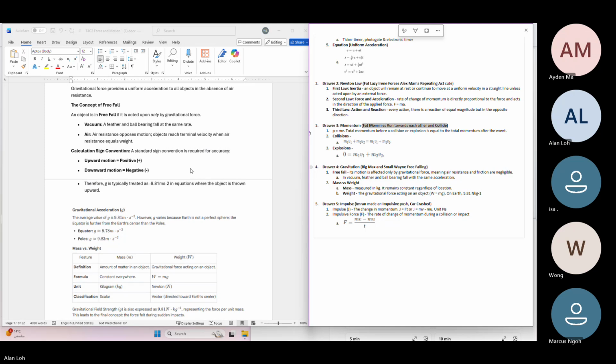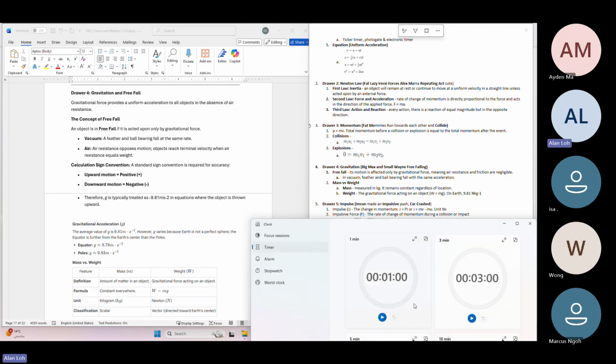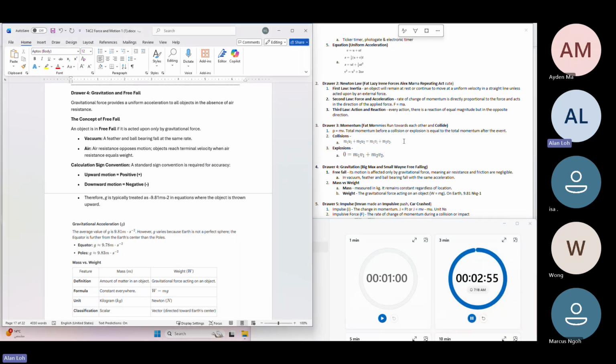Right. So gravitation and free fall. Let's also do 1 minute and 30 seconds. Drawer number 4.